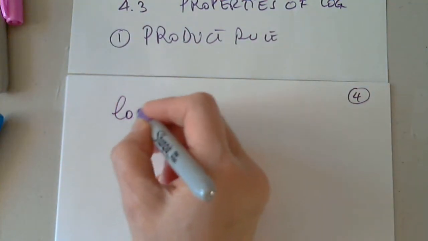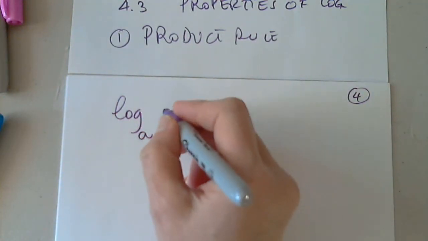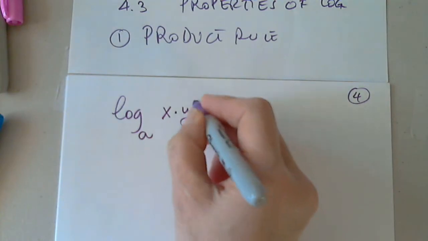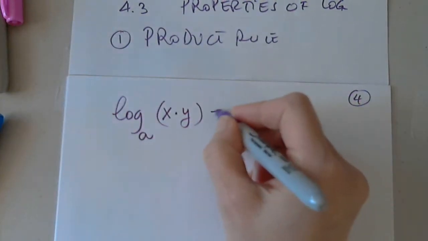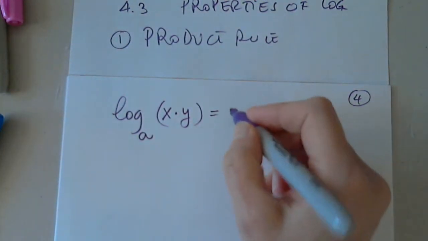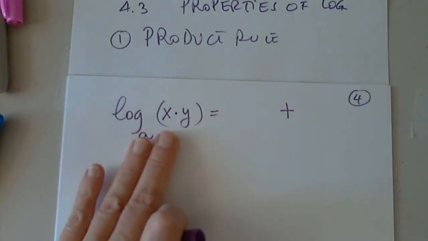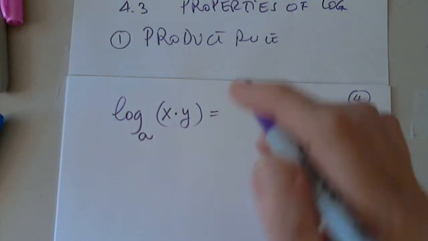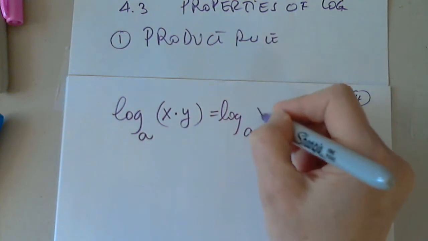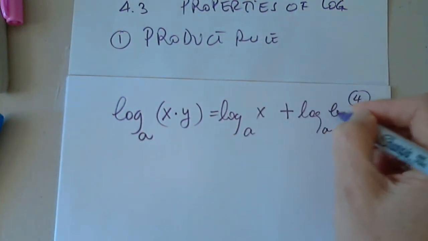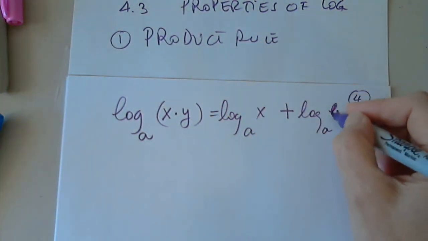When we apply any log in any base to a product, let's say x times y, this changes into a sum of the two logs. Don't say that we are distributing. We're not distributing anything. I meant to write y.